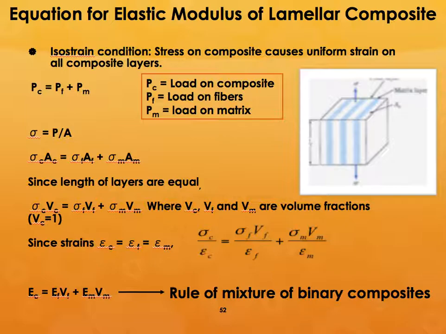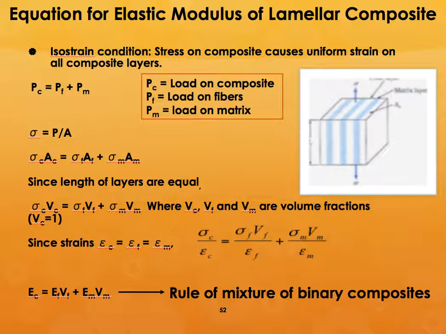So how do you come up with this equation? So this one is a definition or how it is derived. So what do you assume in the first case? That's called the isostrain condition.